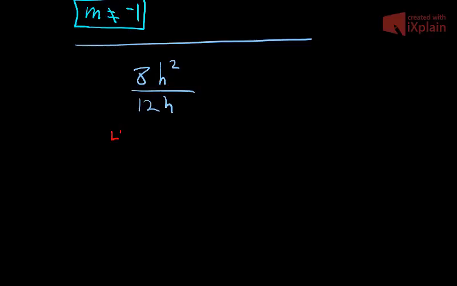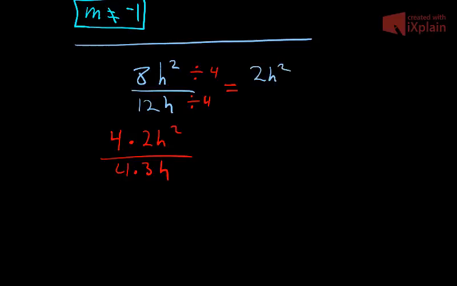So this would be 4 times 2h squared over 4 times 3h. Or I can just divide both of these by 4, however you want to look at it. And after doing that, I get that that is equal to 8 divided by 4 is 2, h squared. 12 divided by 4 is 3h. Very cool.